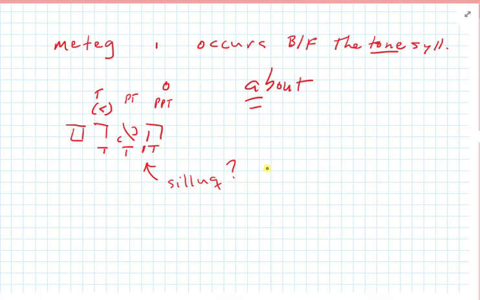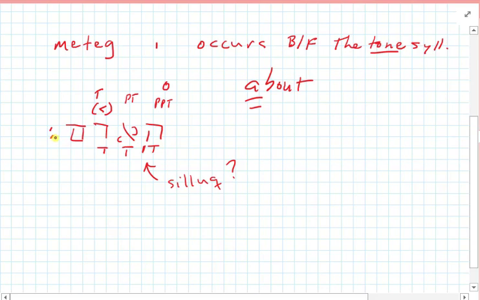So here's the $1,000 question. Will we ever see a metheg and a siluk in the same word? Could you see that? Is that possible? Yes, it is. So let's assume that I had a verse that had Adam as the last word. I'd get my sof pasuk after Adam. I would have a siluk right there.